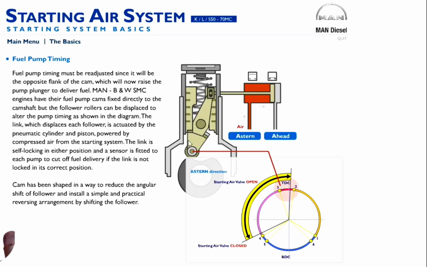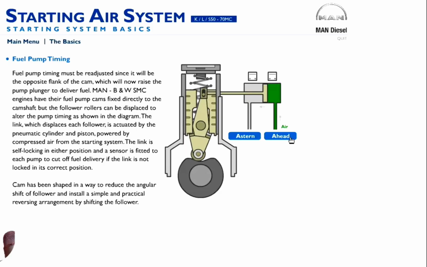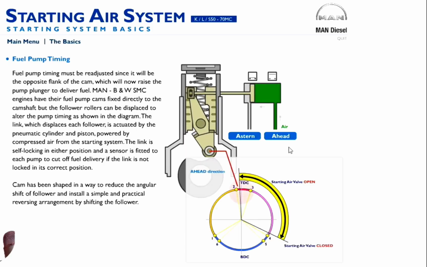This device, the reversing device here, and in ahead position will be in that position. Same diagram here as before. The cam is, as we see here, specially shaped, in a way to reduce the angular shift of the follower and install a simple and practical reversing arrangement of shifting the follower.